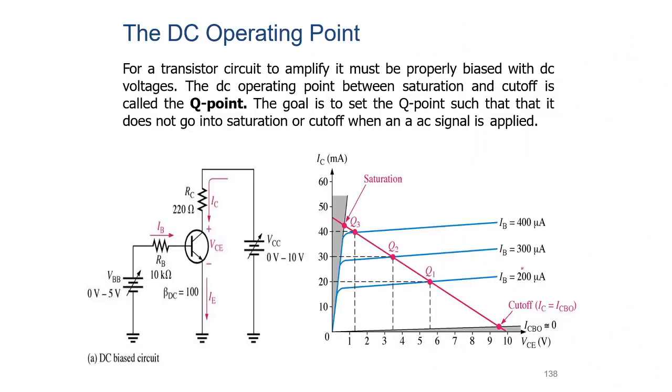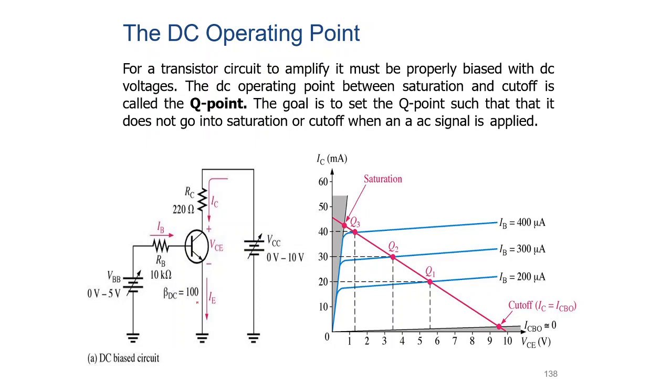So if you observe the DC operating point, in this DC analysis we are considering only the DC supplies, which are variable supplies. In this circuit configuration, the transistor is going to act as an amplifier.